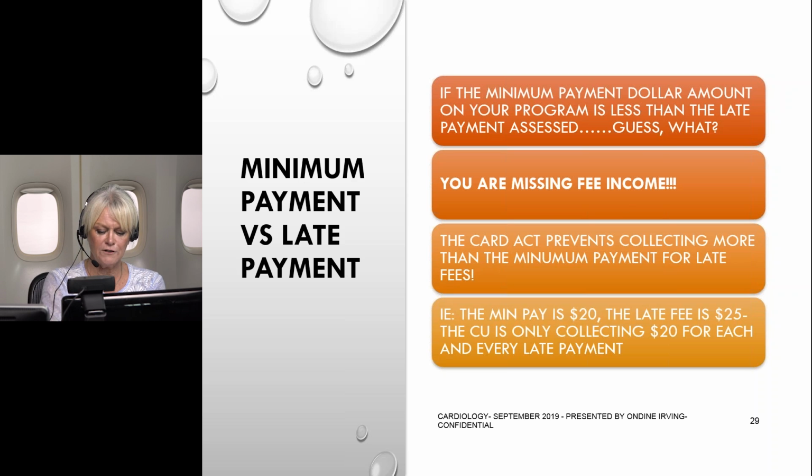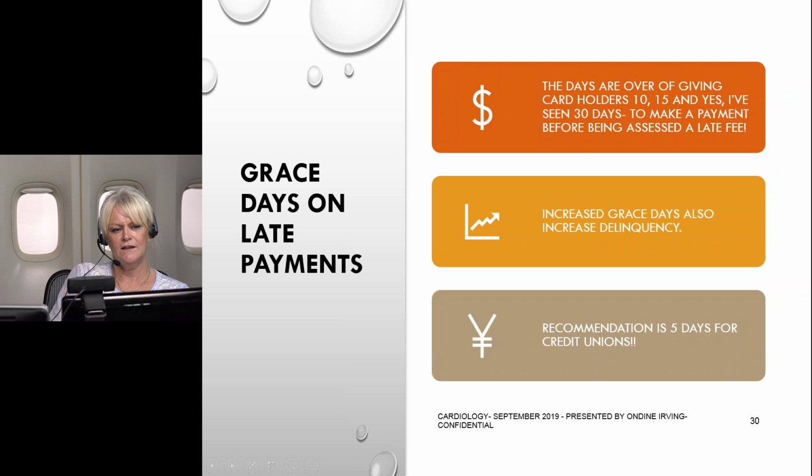The other thing I want to mention, and I think it's on the next slide, is the grace days on late payments. I don't necessarily want to chew on this, it's going to drive everybody nuts. But the days are over of giving cardholders 10, 15, and even last week, somebody had a 30-day grace period before assessing a late fee. It should be 5 days or less.